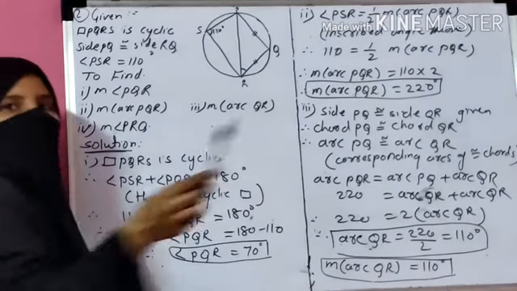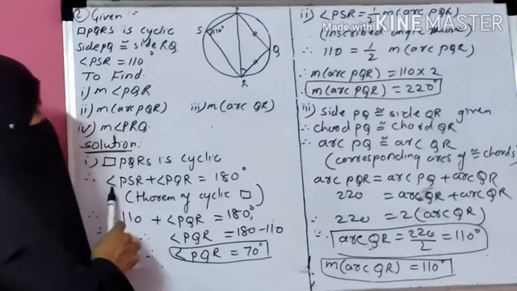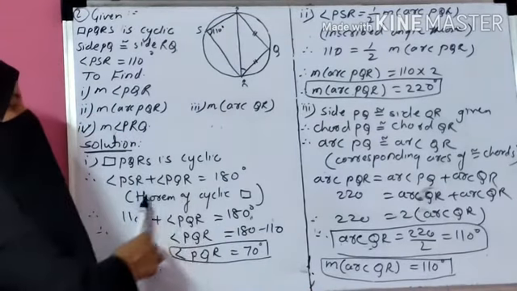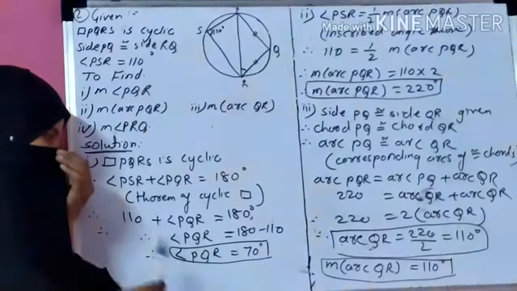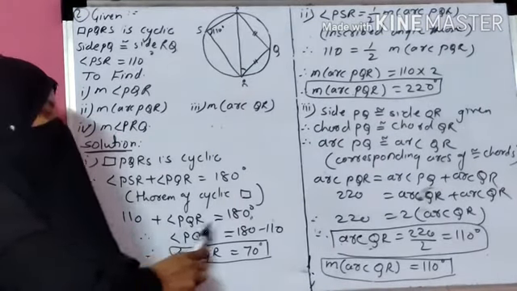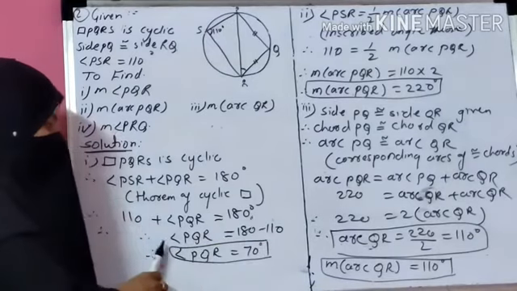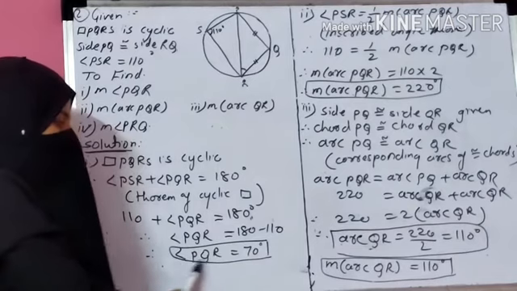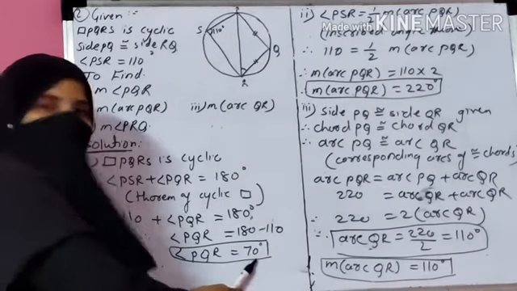Quadrilateral PQRS is cyclic, so angle PSR plus angle PQR is 180. Here angle PSR is 110 degrees plus angle PQR is equal to 180, so angle PQR is equal to 180 minus 110. So angle PQR is 70 degrees.